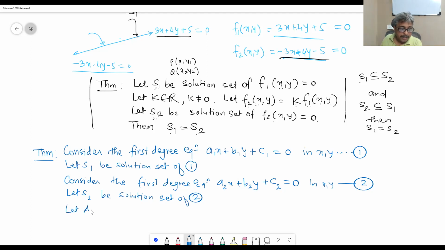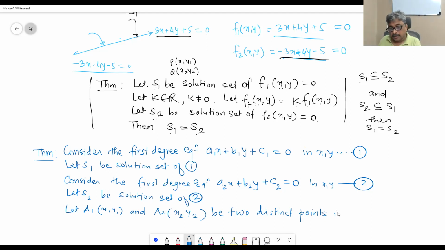Let A1 (x1, y1) and A2 (x2, y2) be two distinct points in S1 intersection S2. This is our statement number 3.